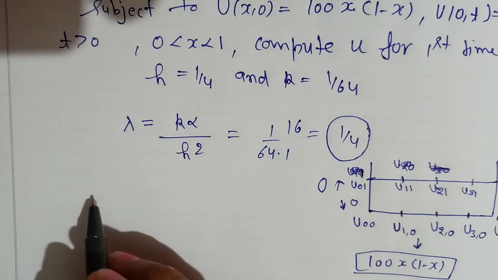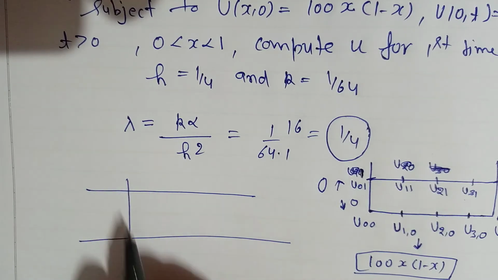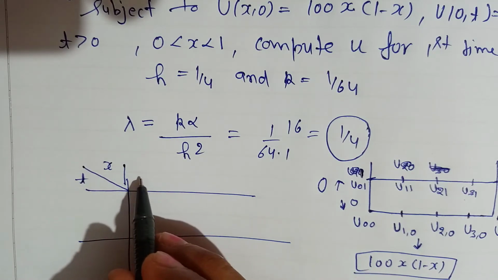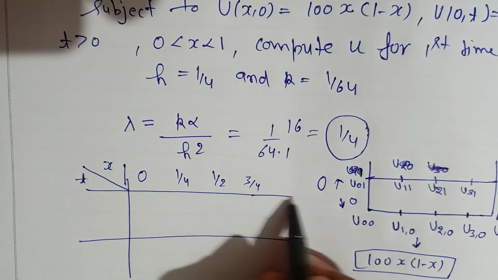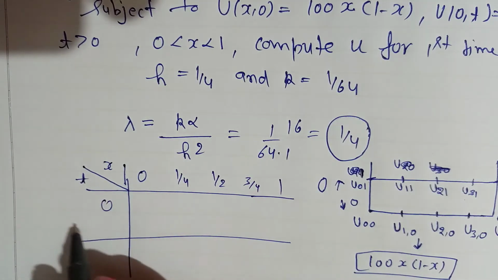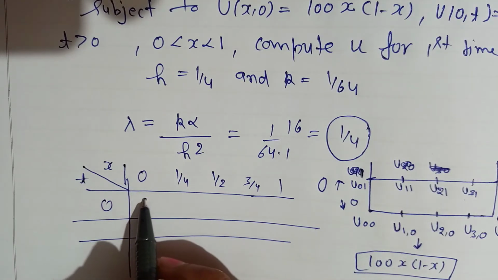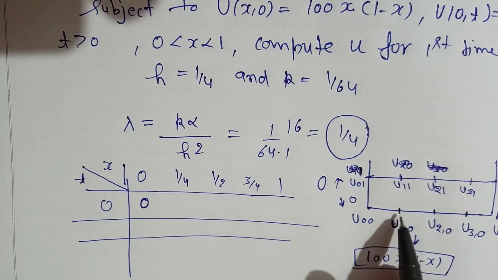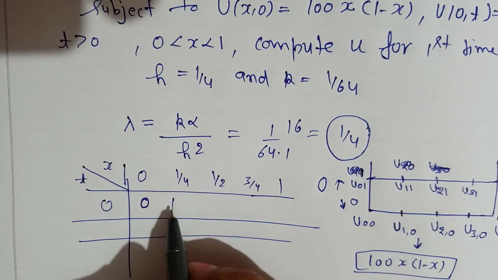So let us make this table. This is x, this is t. So x equal to 0, 1 by 4, 1 by 2, 3 by 4, and 1, right? And t equal to 0, the first time step. The value of u at 0 0 we get 0, and the value of u at x equal to 1 by 4: we get 100 into x into (1 minus 1 by 4), so we get 18.75.